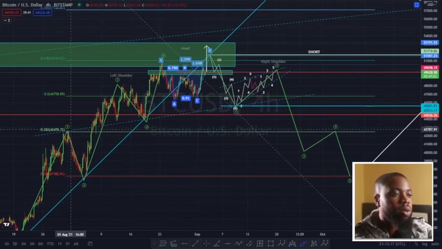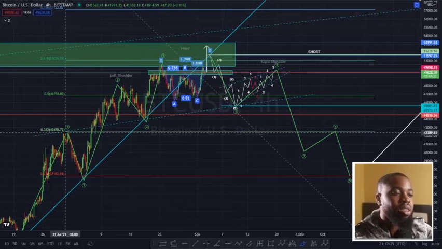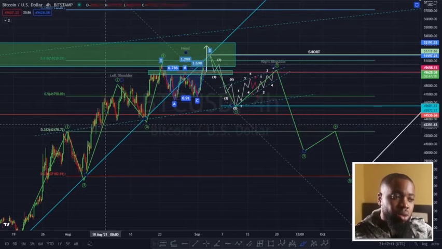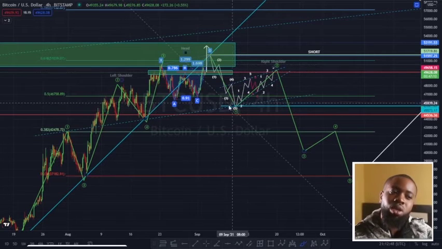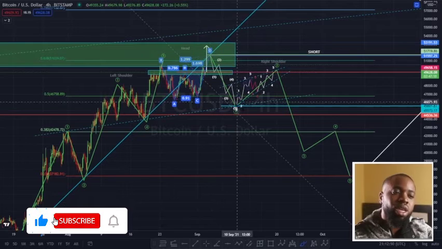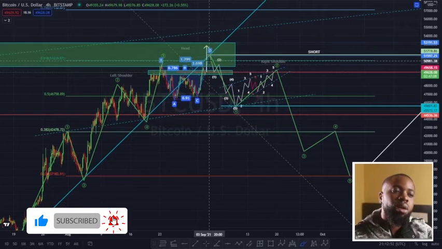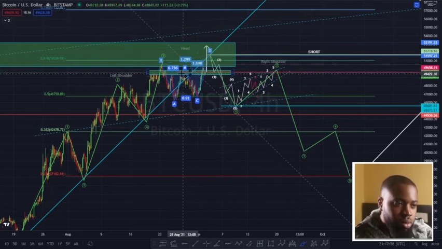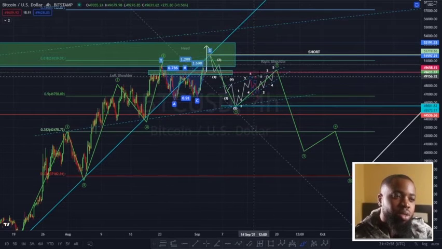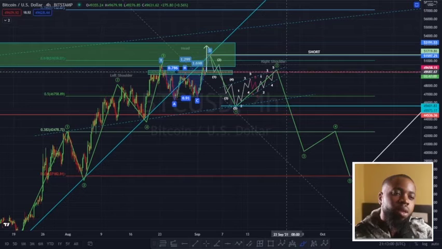So this trend line, which already had resistance, support, can now flip to be support again. So this is why I think this is where we're going to end our wave one, then retrace probably 0.618 retracement into wave two, which also happens to be a resistance, right?